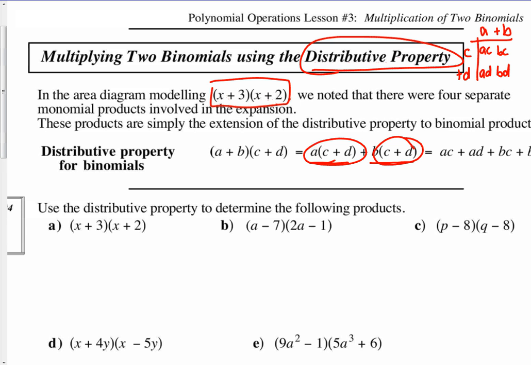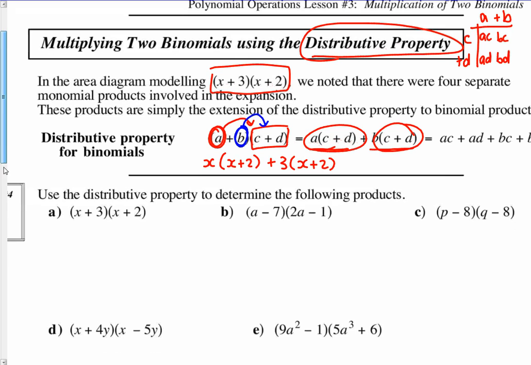So we can also algebraically write it as, if this is x plus 3 times x plus 2, I'm going to multiply the first x by x plus 2, and then the 3 by x plus 2. That's the distributive law expanded for a binomial times a binomial. Because this a has to distribute to both the c and the d, and then we multiply b by both of these.